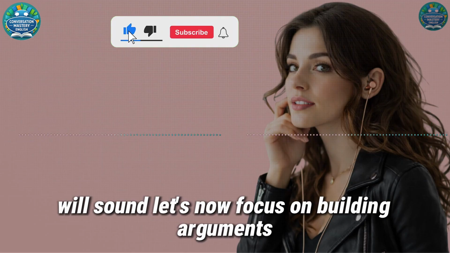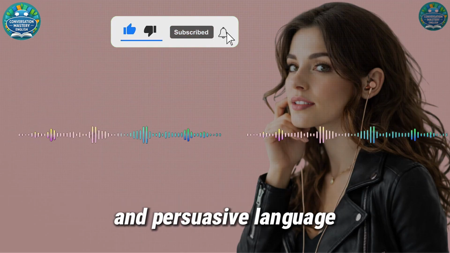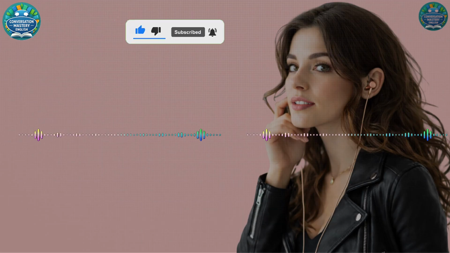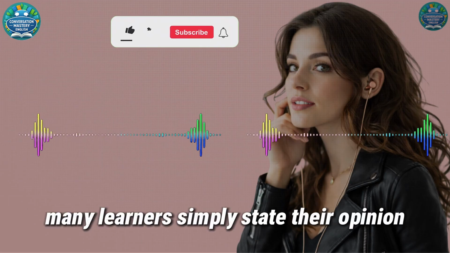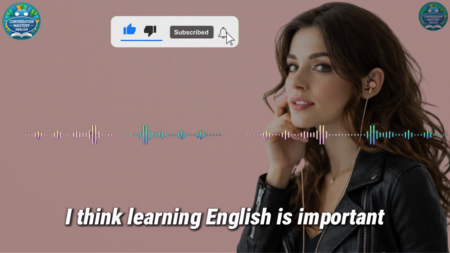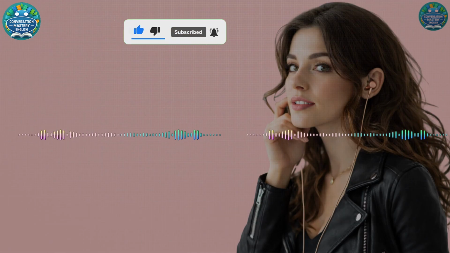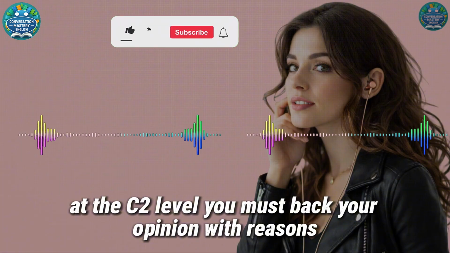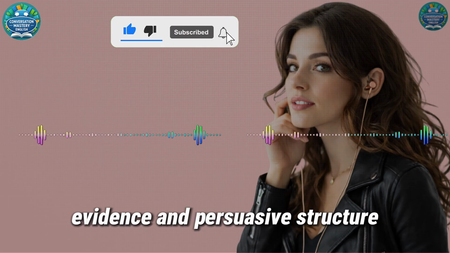Let's now focus on building arguments and persuasive language. At the B1 level, many learners simply state their opinion. "I think learning English is important." At the C2 level, you must back your opinion with reasons, evidence, and persuasive structure.